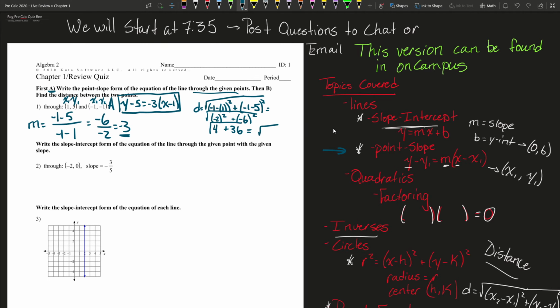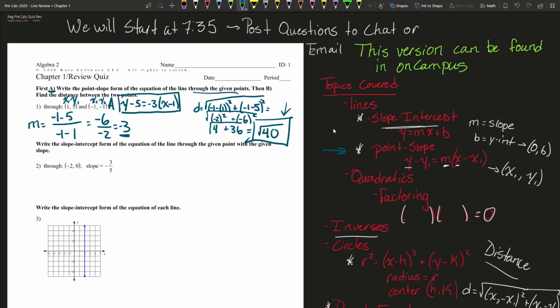So this whole thing is equal to the square root of 40. This answer is good for now. In later weeks and later months, I'll have you simplify that. But for now, this works. So 1 point for slope, 1 point for the equation of the line, and then 2 points for this distance.